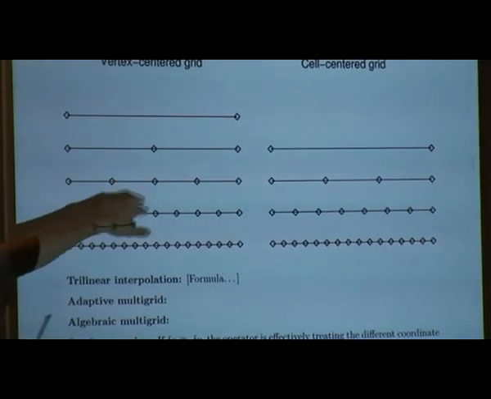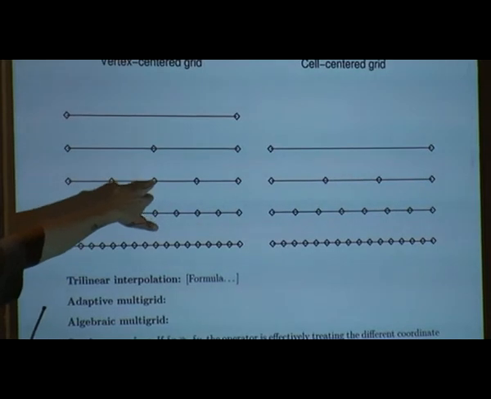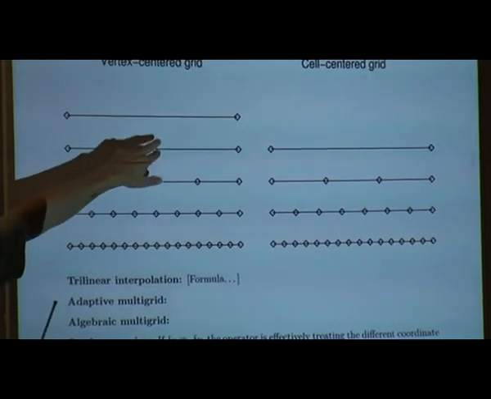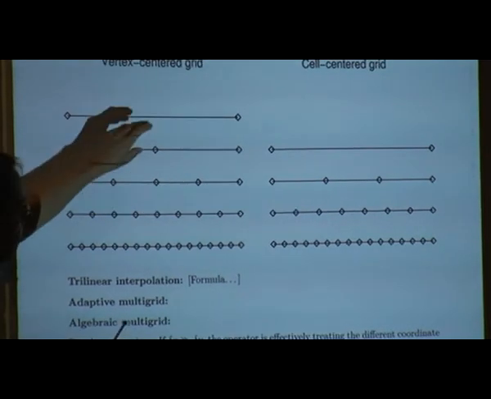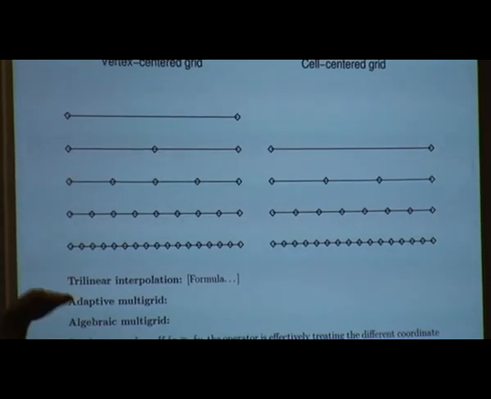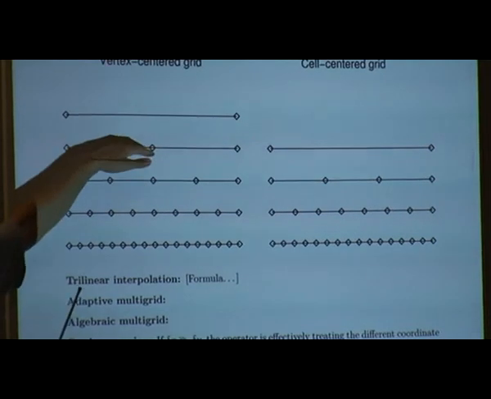Now in the easy way you could just take the value that you already know for that point and carry it on to the coarser grid, but that's bad because if you go from that grid to the finer grid, you need to get rid of all the scales that you cannot represent on this grid.